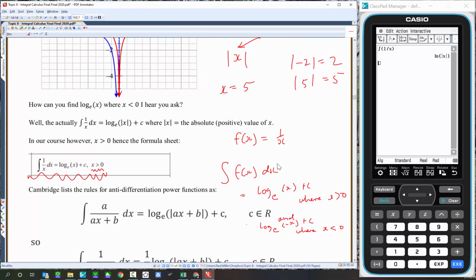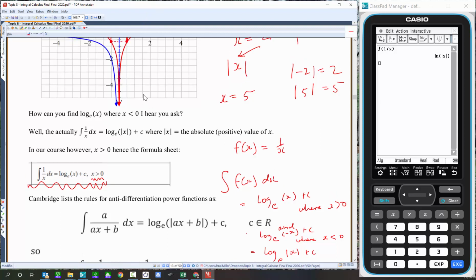Or we could combine it into one part by saying it's log_e of the absolute value of x, plus c. This part will give us the negative side, but if I take the absolute value, it'll go to the positive side. I think that's really hard to understand, more so because the absolute value has been taken out of the course, so you're just not familiar with it.